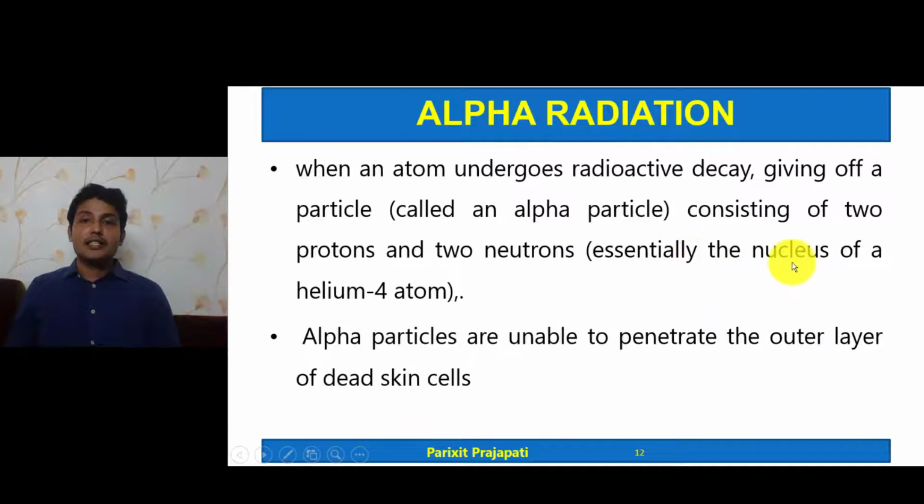So that nucleus is of helium, so it emits a helium particle or helium atom, and that is known as alpha radiation. They have less penetration power as they are unable to penetrate the outer layer of dead skin cells. So the least penetration power is with alpha radiation.